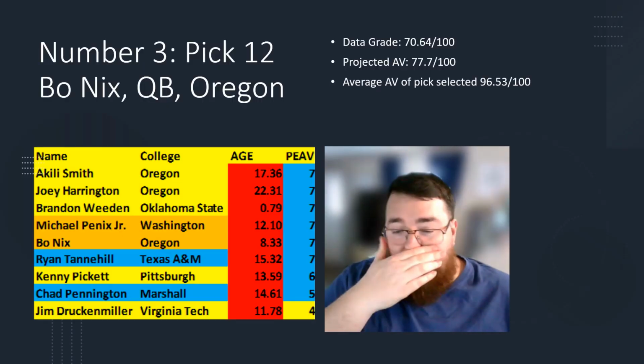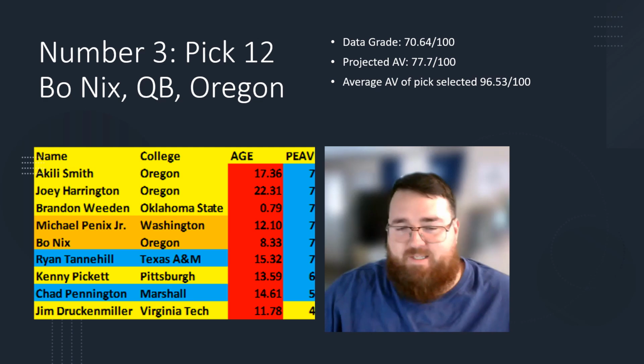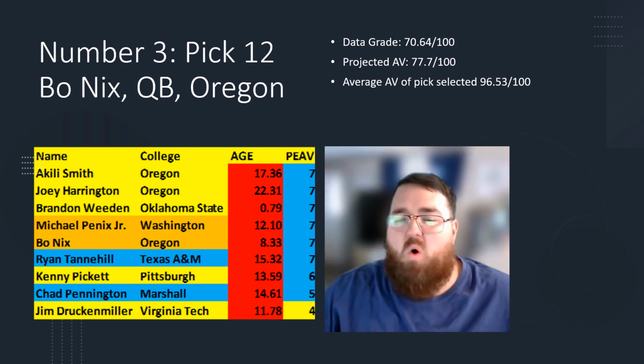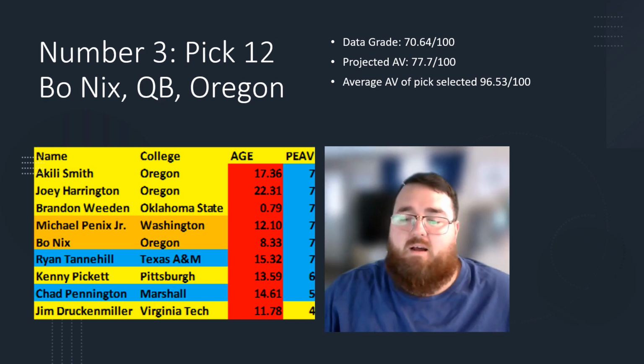Then, of course, we get to number 3 on this list, which is the first quarterback. There's 2 of them on this list. Number 3 is Bo Nix, quarterback out of Oregon. These are all the prospects that tested in the first round with a similar PEAV score, or pocket approximate value score.